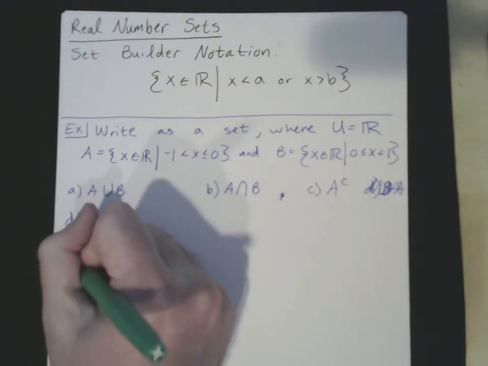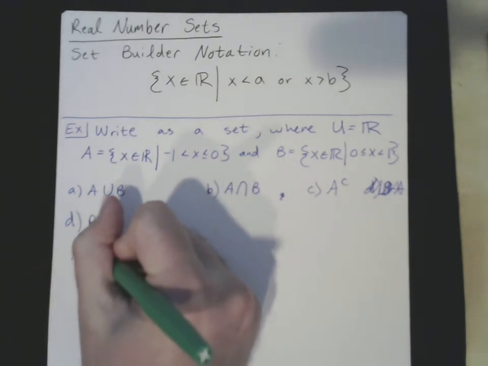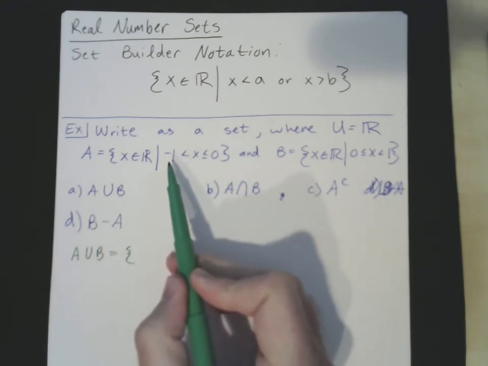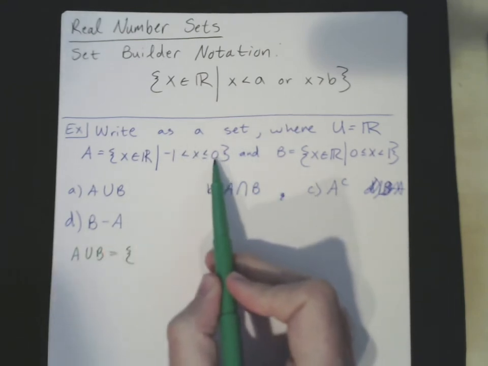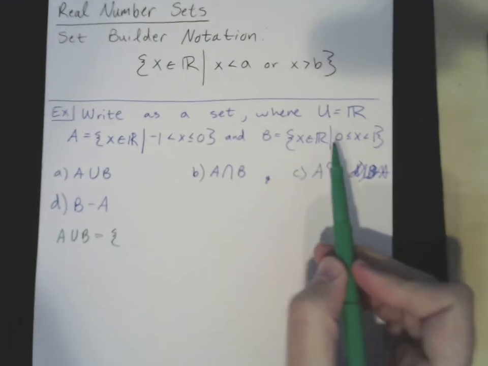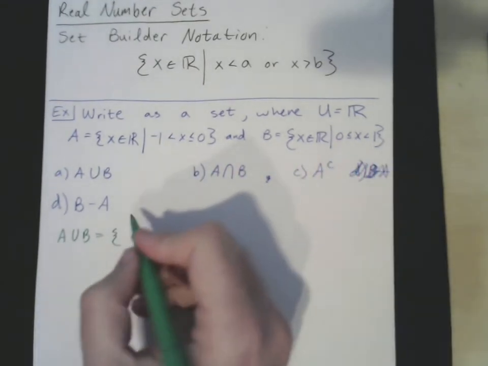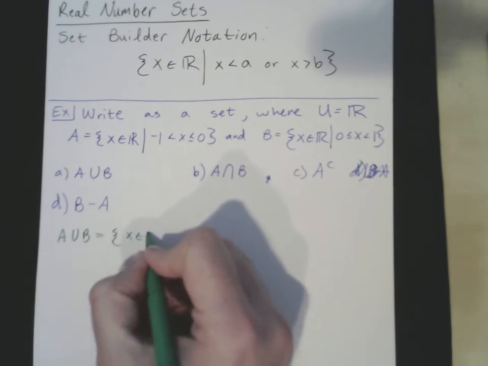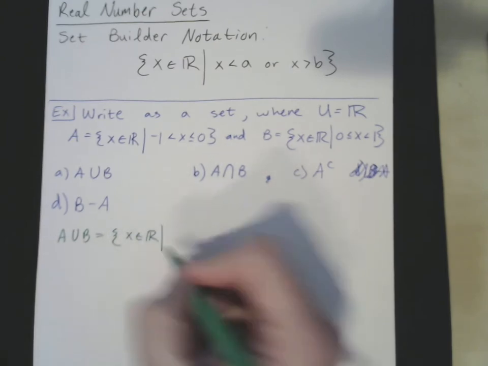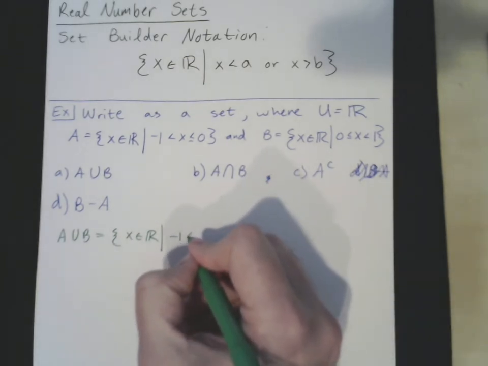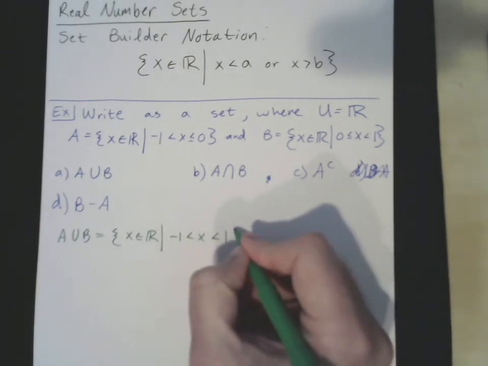So A union B, if we are between -1 up to 0 and between 0 up to 1, and we can be in this or this, then this is the set of real numbers x such that -1 is less than x is less than 1.